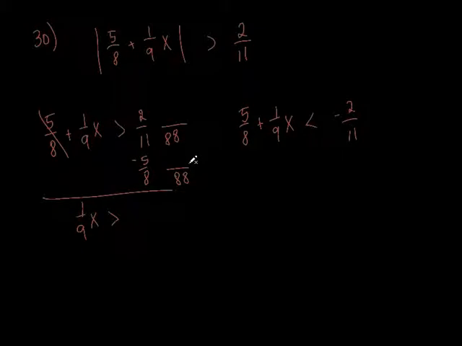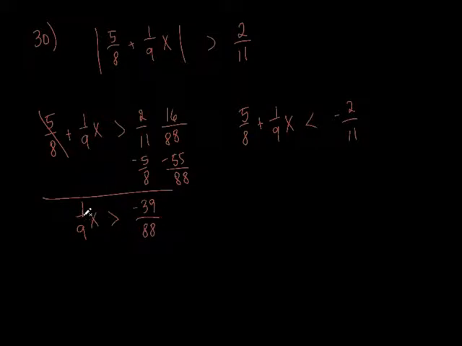Correct? Yep. So let's think. 11 times what? 8. 2 times 8, 16. 8 times 11. Negative 5 times 11, negative 55. Right? Add those up. What's 55 minus 16? That would be 39. Did I do that right? Negative 39 over 88.